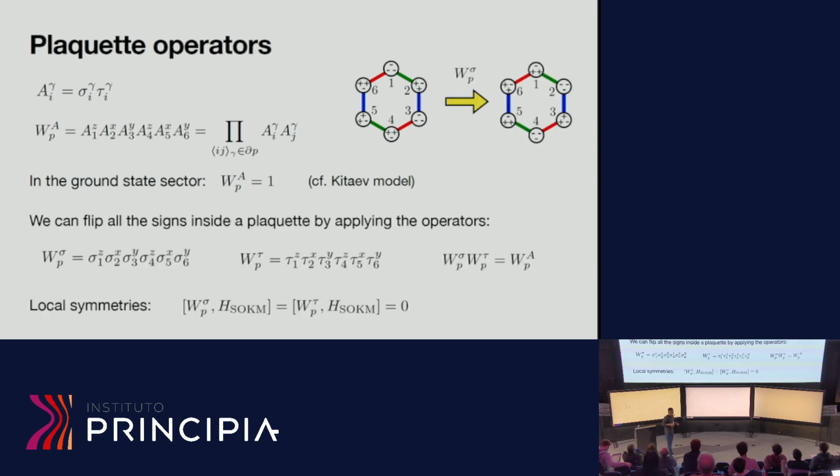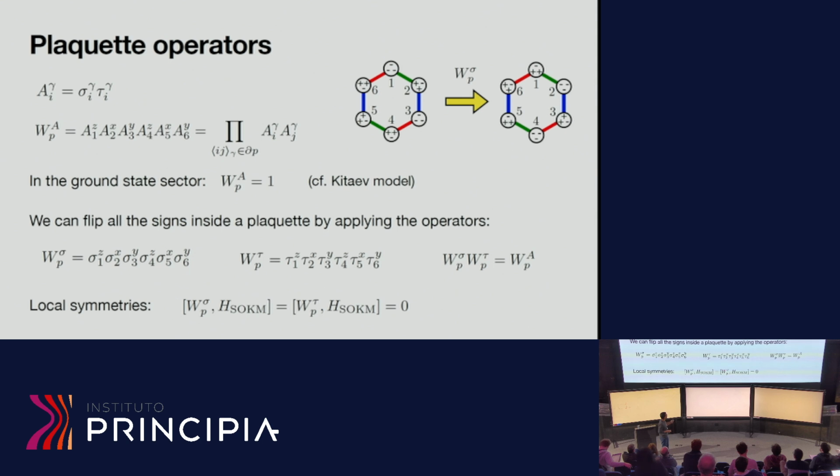But you can use this to construct another plaquette operator that is also conserved: instead of taking products of A's around the plaquette, you take products of sigmas or products of taus with the right components as before, and then you flip the signs inside the plaquette, but in a way that you still respect the constraint on the bonds.